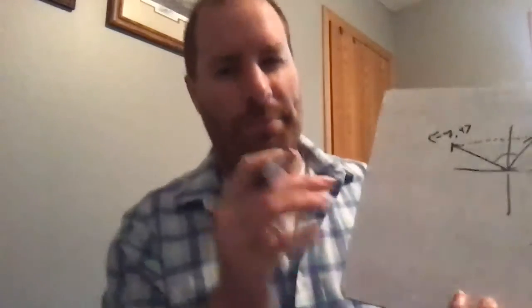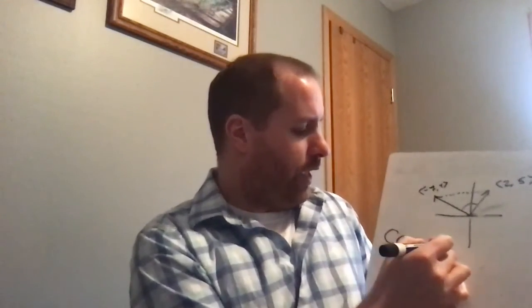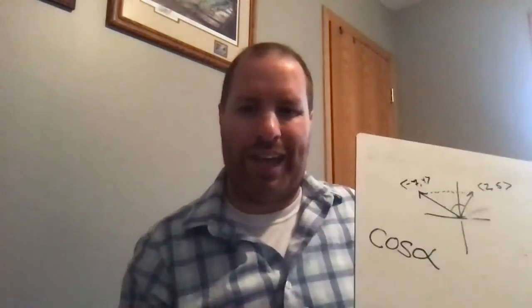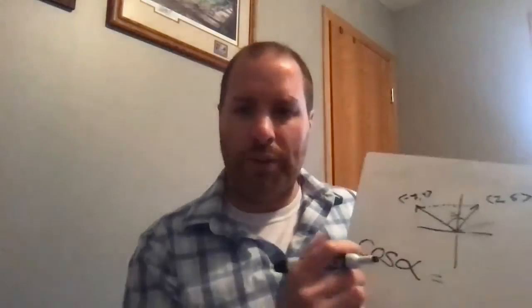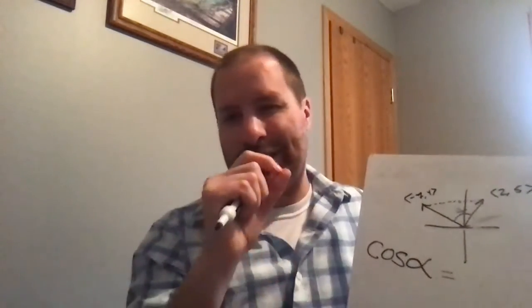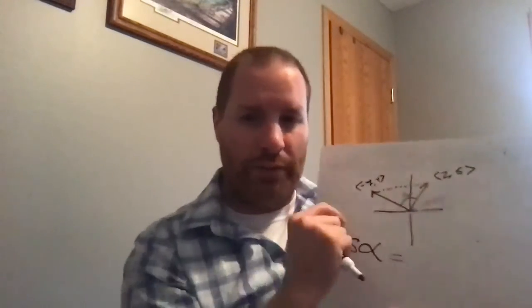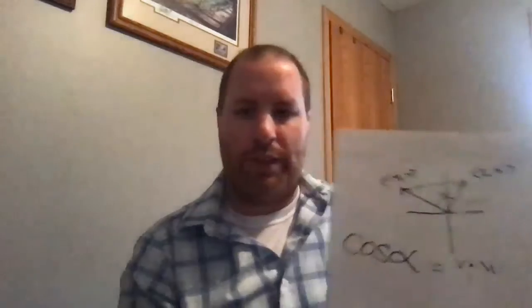And what that is, since it's based off the law of cosines, is we have the cosine of the angle between them, which I'm going to use an alpha to represent the angle right there, is equal to, okay, it's a fraction. Top stuff is the dot product of the two things. So I'm going to put V times, let's call this other one W because it kind of looks like a V, right?